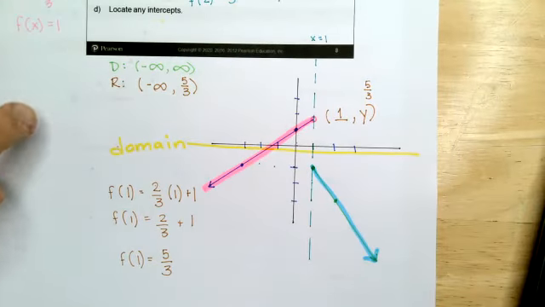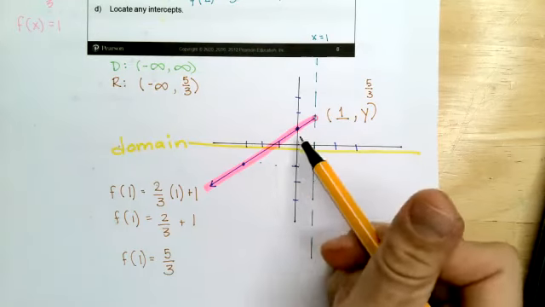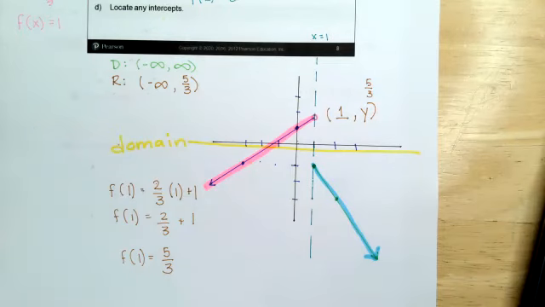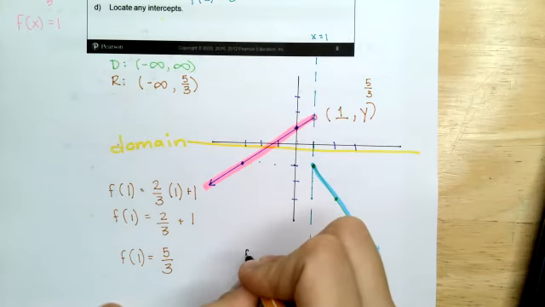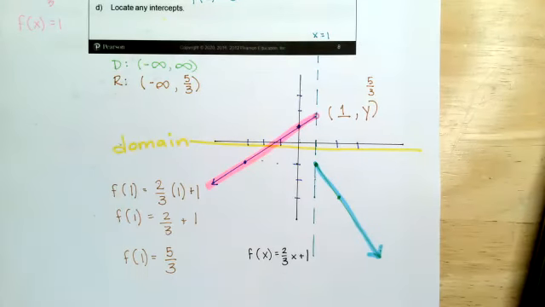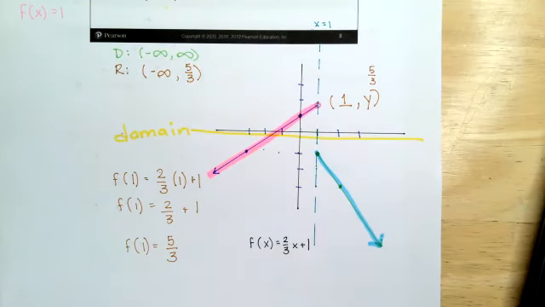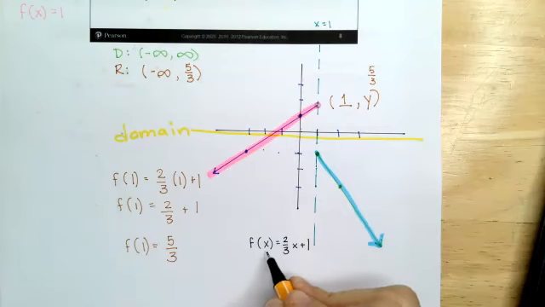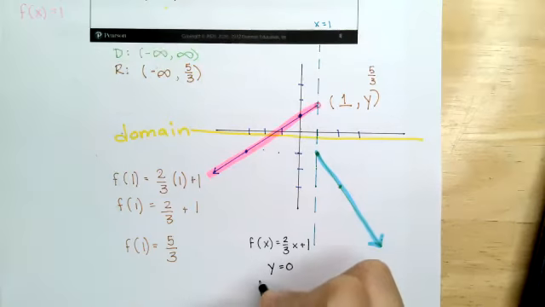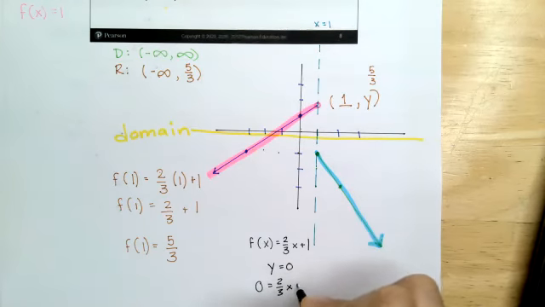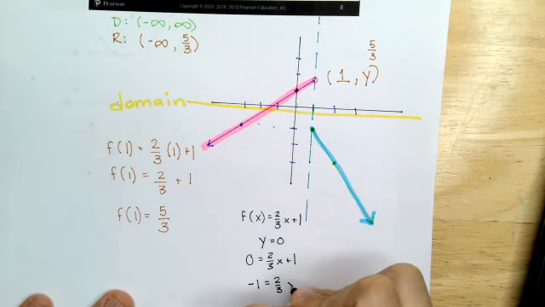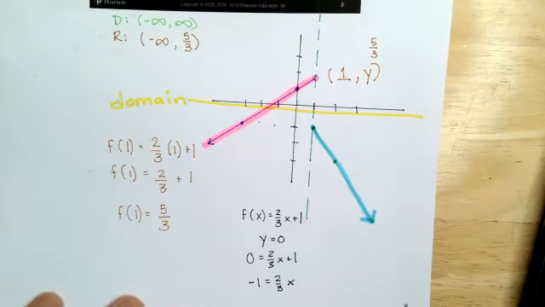Good. And then locate any intercepts. You can see after you graphed it that both of your intercepts are on the pink one. So remember what you do to find intercepts. What you want to do is either make y 0 or make x 0. So when y is 0, 0 equals 2/3 x plus 1. Subtract that 1, so we get negative 1 equals 2/3 x, right?